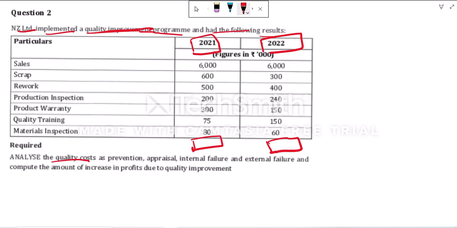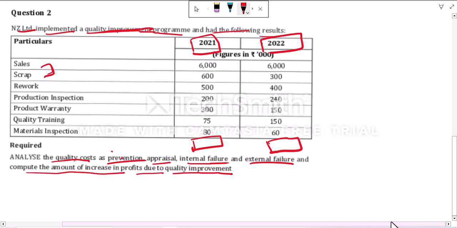Analyze the quality cost as prevention, appraisal, internal failure and external failure, and compute the amount of increase in profit due to quality improvement. We should first bifurcate it: which is which cost, what is appraisal cost, what is prevention cost, what comes under internal failure. And next we have to calculate the increase in profits because of this improvement in quality. So first bifurcate it.